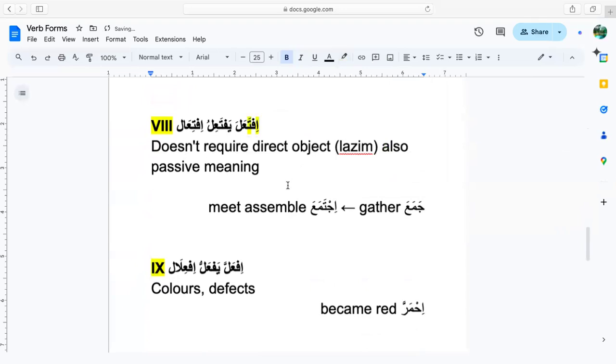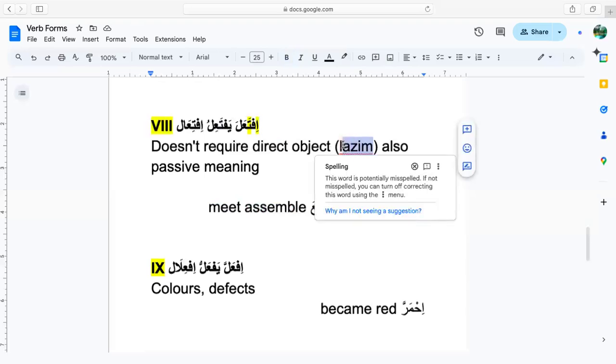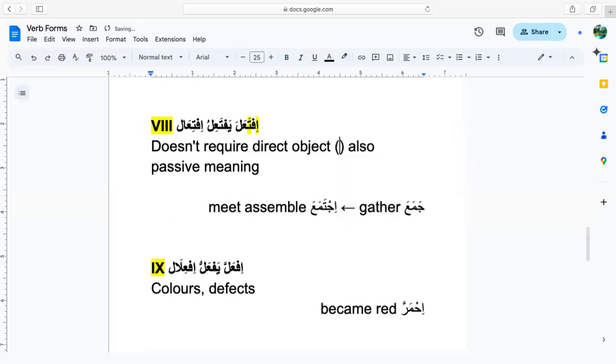So ifta'ala doesn't require a direct object, a maf'ul bihi. It also has a passive meaning. So it's lazim. It's a fi'l lazim, as we come across; it's not muta'addi.